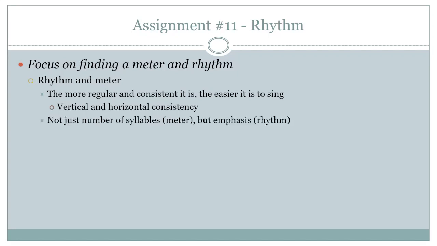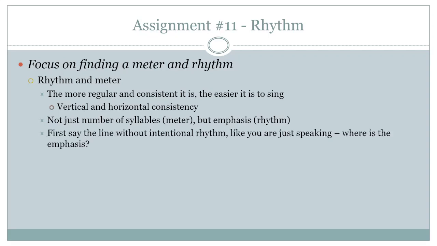We're not just talking about the number of syllables from verse to verse, but the emphasis or the rhythm within those lines. The way that I would approach this, when you're working out the rhythm, the first thing you need to do before you start figuring out what the meter or the musical rhythm should be, is just say the line. Say it without intentional rhythm, just like you're talking to somebody.